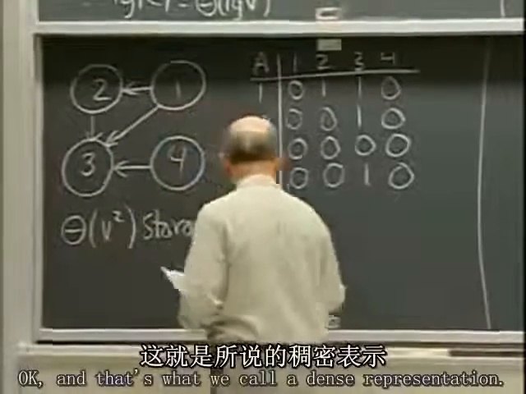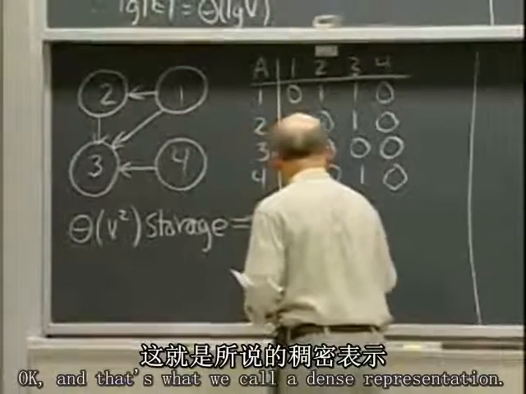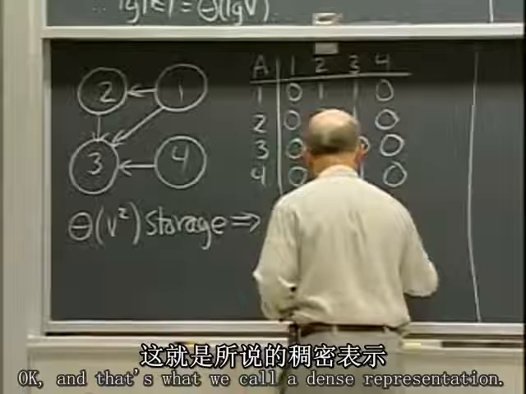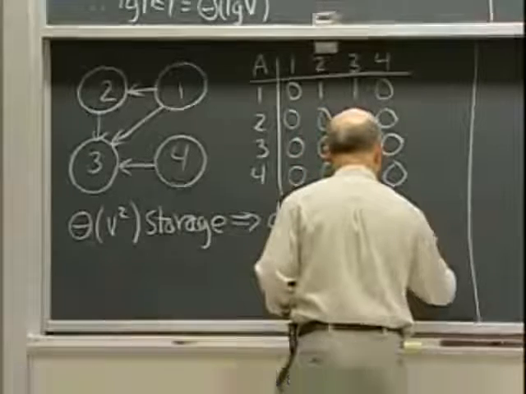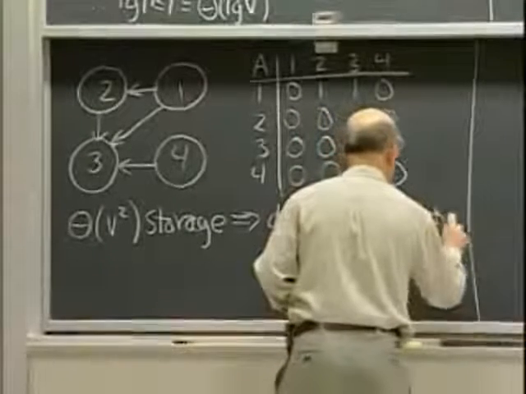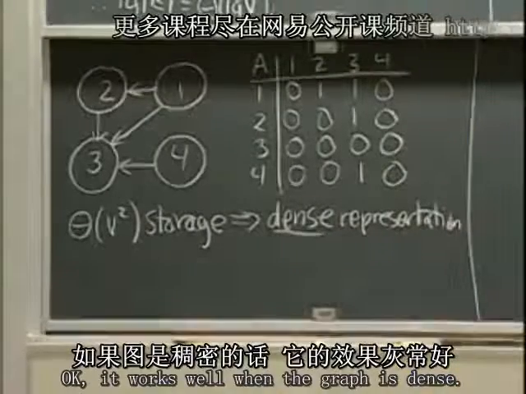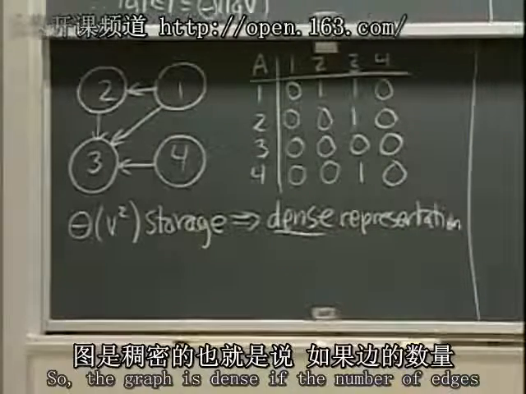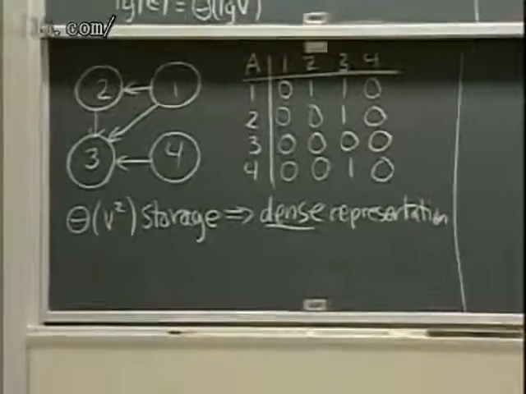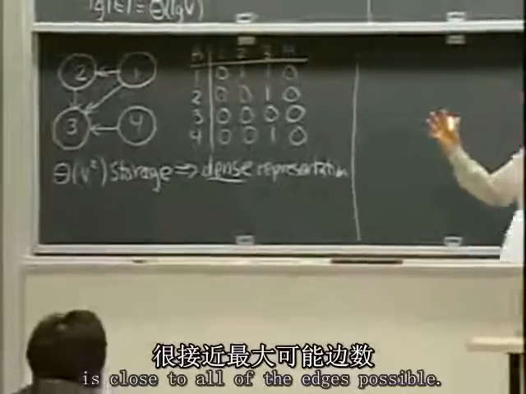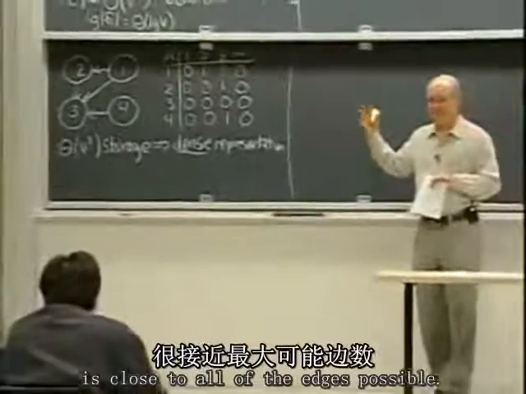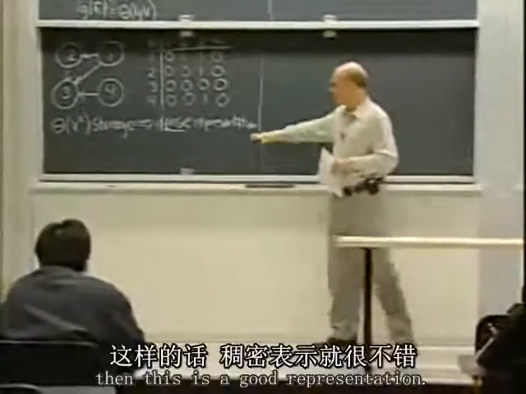And that's what we call a dense representation. It works well when the graph is dense. The graph is dense if the number of edges is close to all of the edges possible. Then this is a good representation.